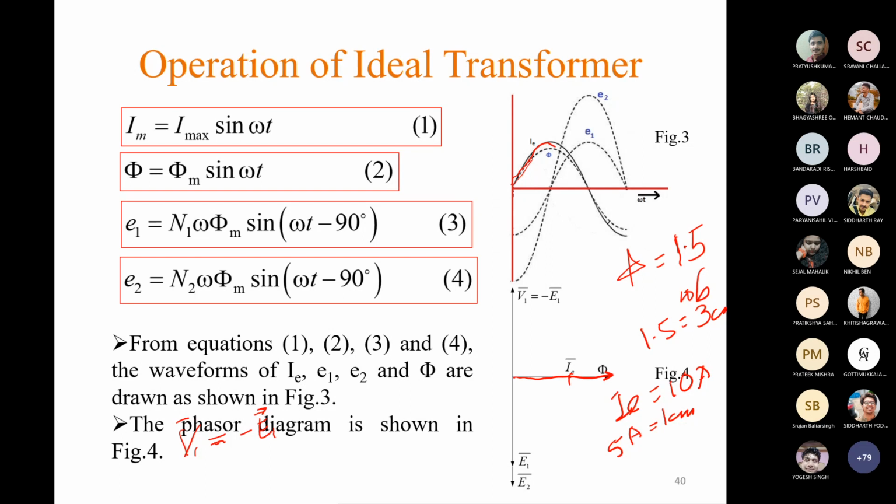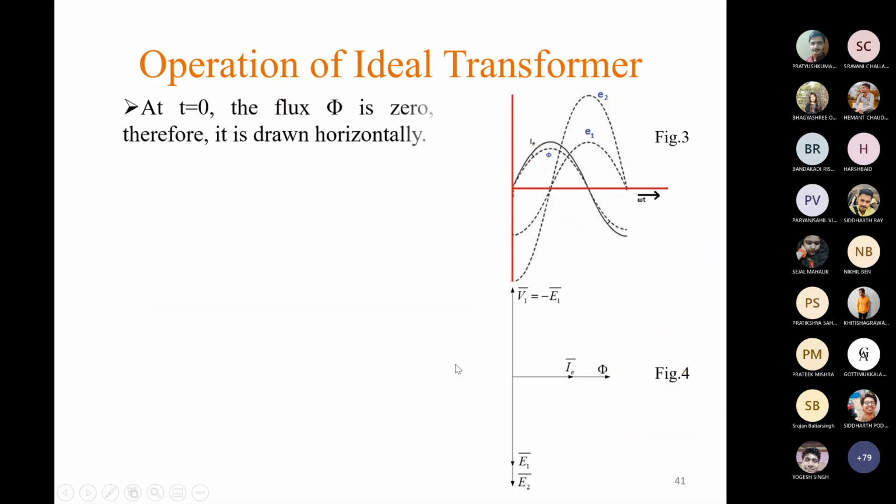Yes, sir. So we can draw like this, no problem. The length of the phasor depends on the scale factor, right? Okay, so why we draw like this is described here, which I have already discussed.